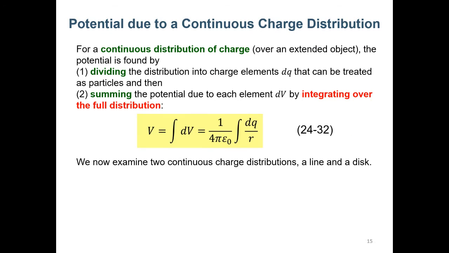The next one is if the charge distribution is continuous, not discrete charge, then we need to use integration to do all this. So actually, V is the integral of dV. We calculate all the small dV, which is generated by some small charge packet, and then we integrate all of them together in a volume, because it would definitely be a three-dimensional space.